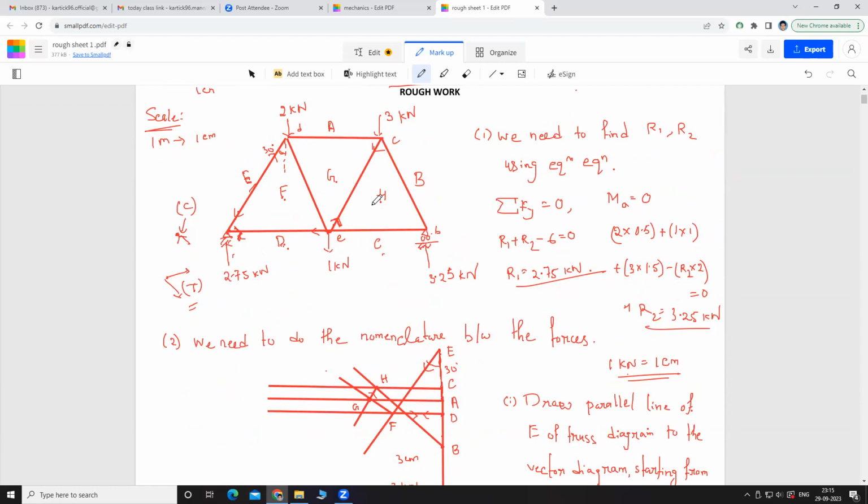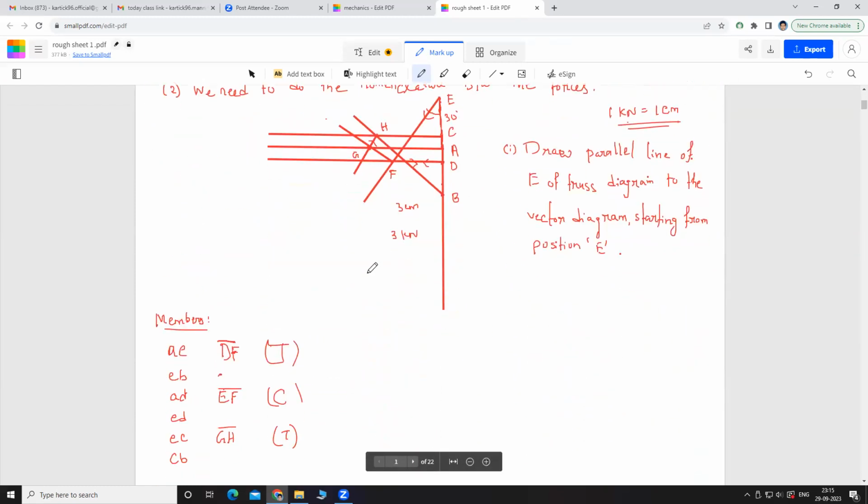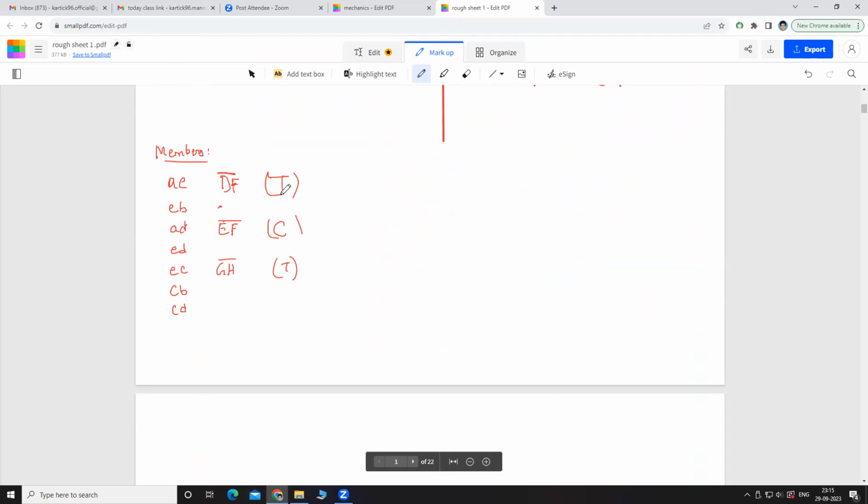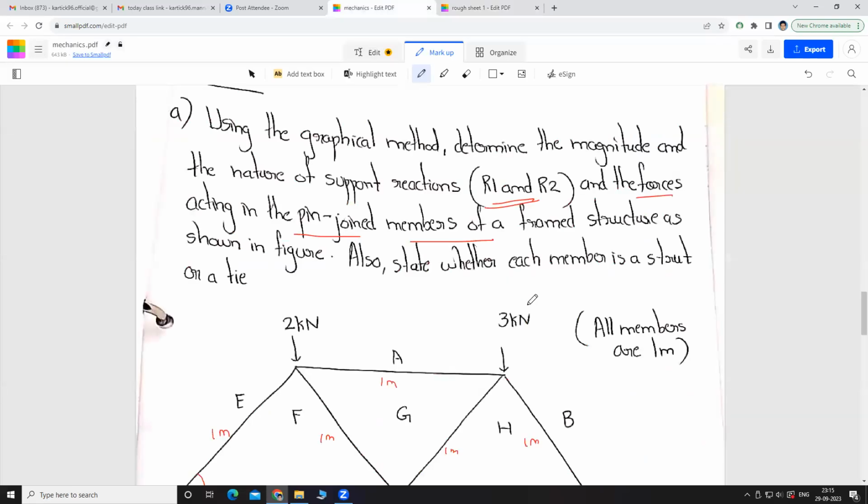In this way, you can find out all the forces and whether each is in compression or tension. But in this question, they have asked something a little different: also state whether each member is a strut or a tie. So what is the definition of strut and tie?